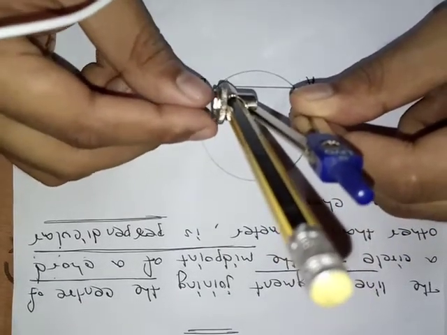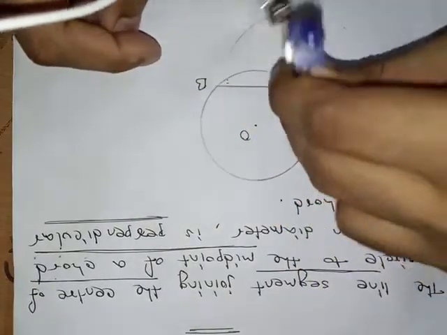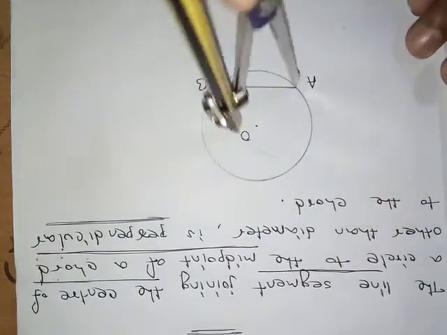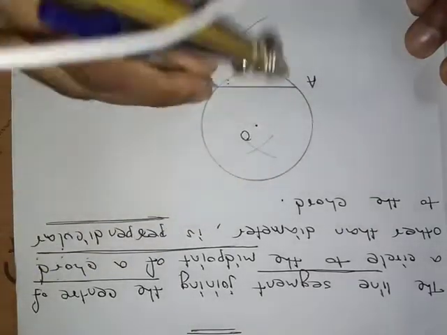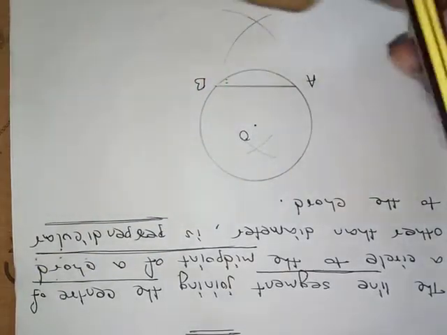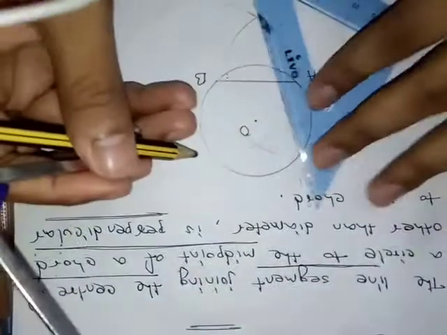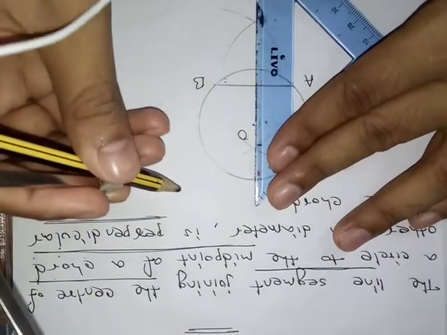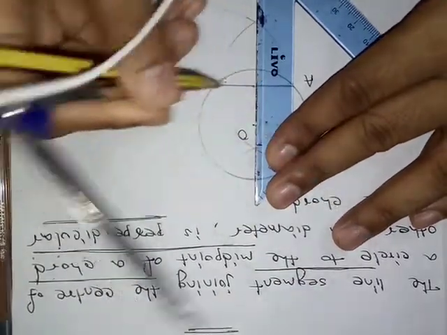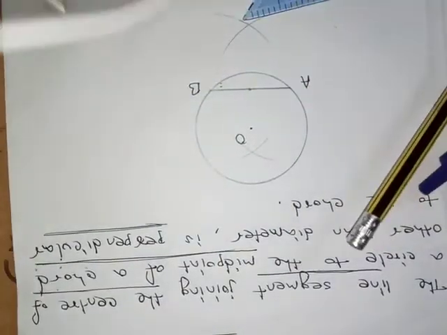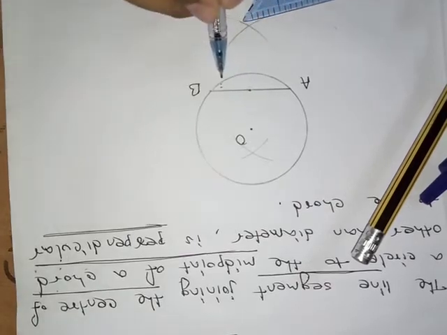Now I'm trying to find the midpoint of that chord in a geometric way. Well, we have our midpoint of the chord AB.